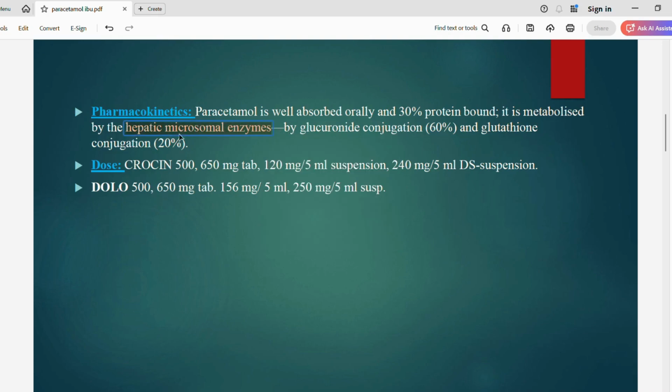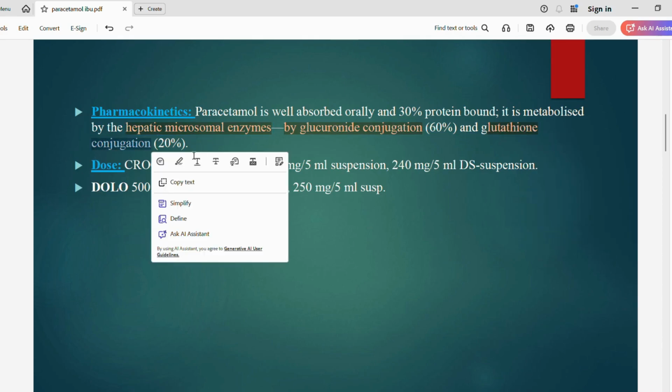Okay, so what are these hepatic microsomal enzymes? These are the enzymes which help in metabolism in the liver. They are present in the liver, and this metabolism can happen by different reactions. First is glucuronide conjugation, and glutathione conjugation.